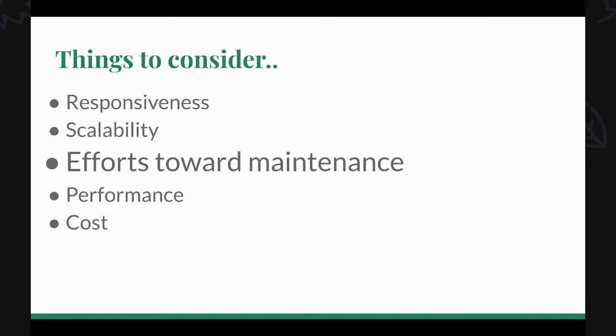There is also performance and cost. Obviously we are being funded, and we want our app to be very performant. We don't want to consume a lot for doing just a normal data process, like filtering something in an array.